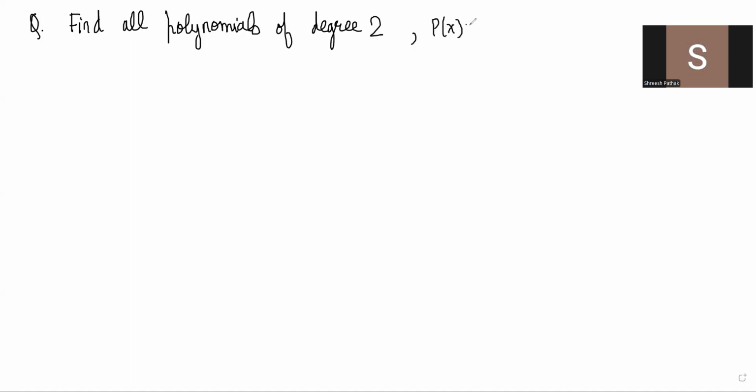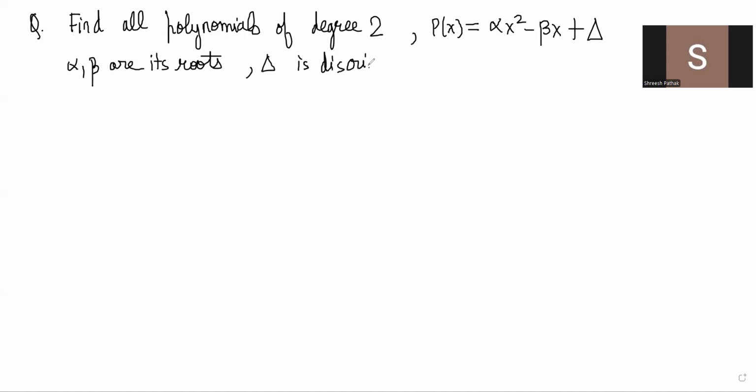Next question is, find all polynomials of degree 2, p(x) equal to alpha x square minus beta x plus delta, where alpha and beta are its roots and delta is the discriminant of p(x) equals 0.